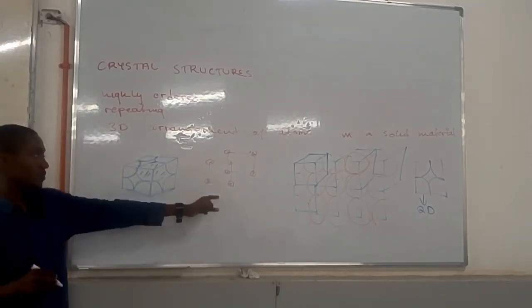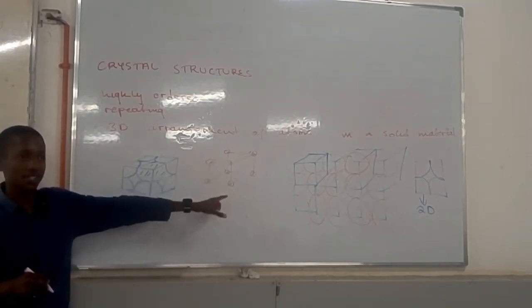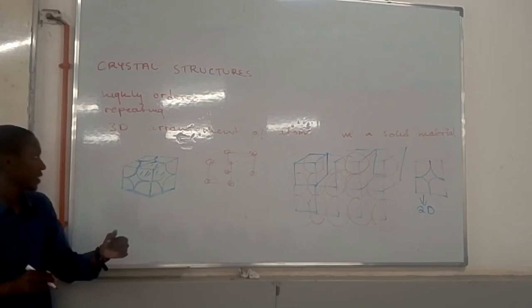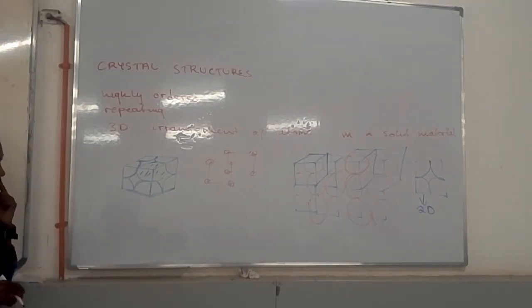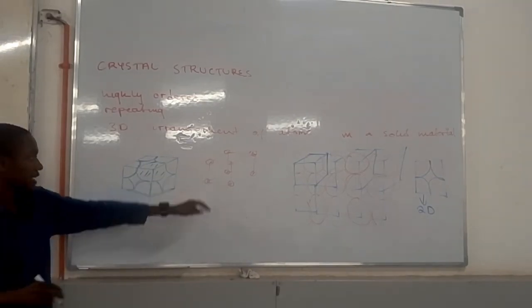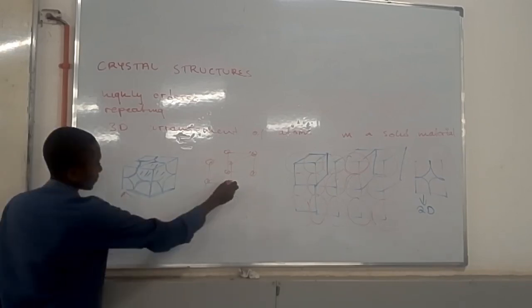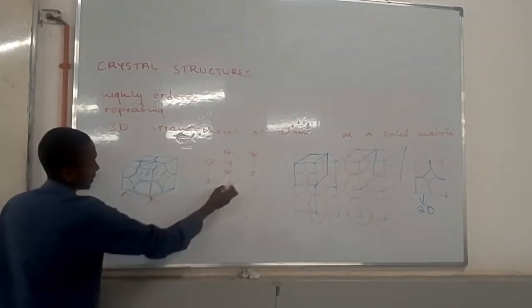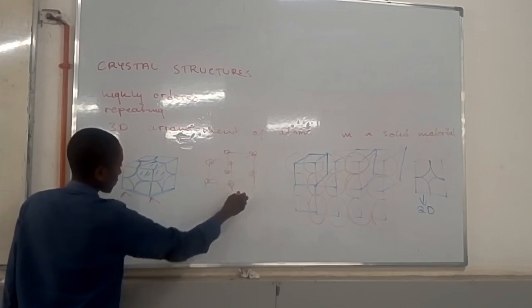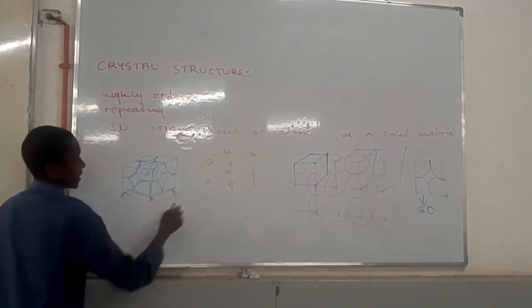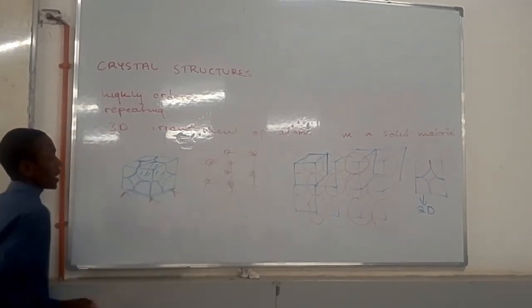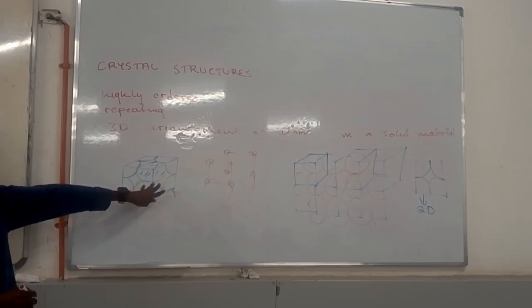So sometimes you may find that it is represented like this. Okay? So you've got this atom, which is the one here. You've got this other one, which is the one here. You've got this one, it's the one here. This atom here is being covered.